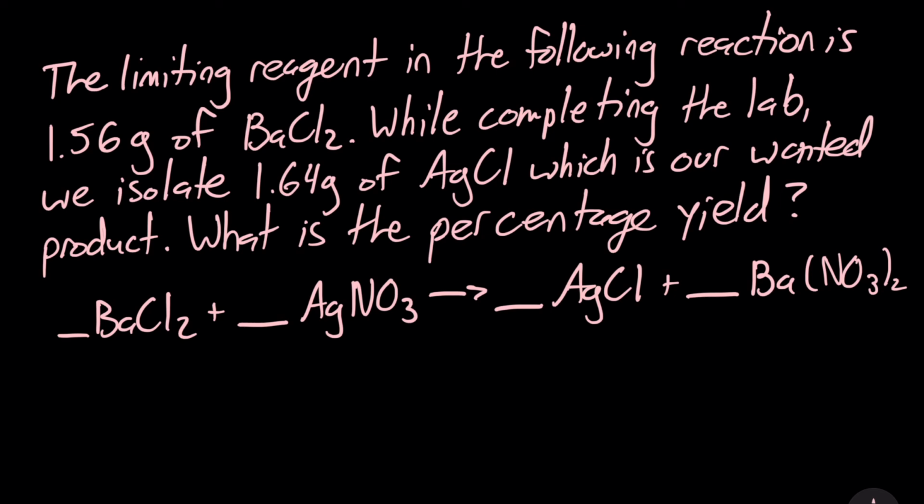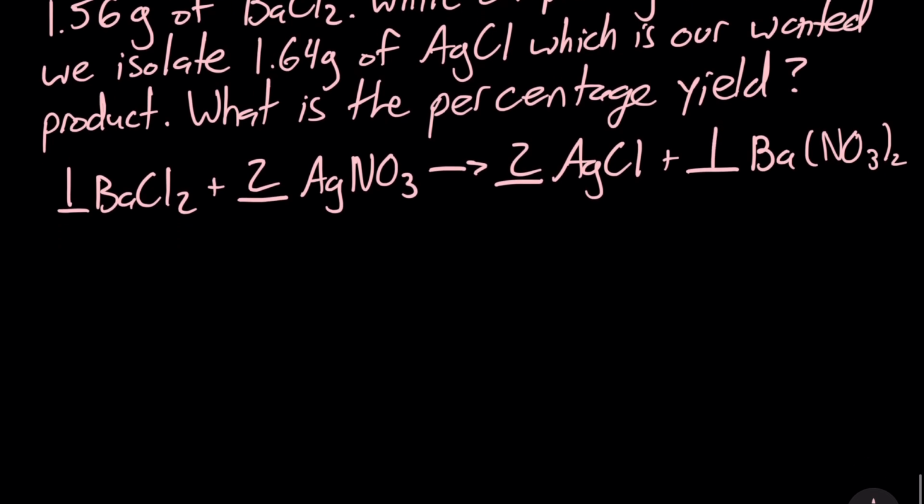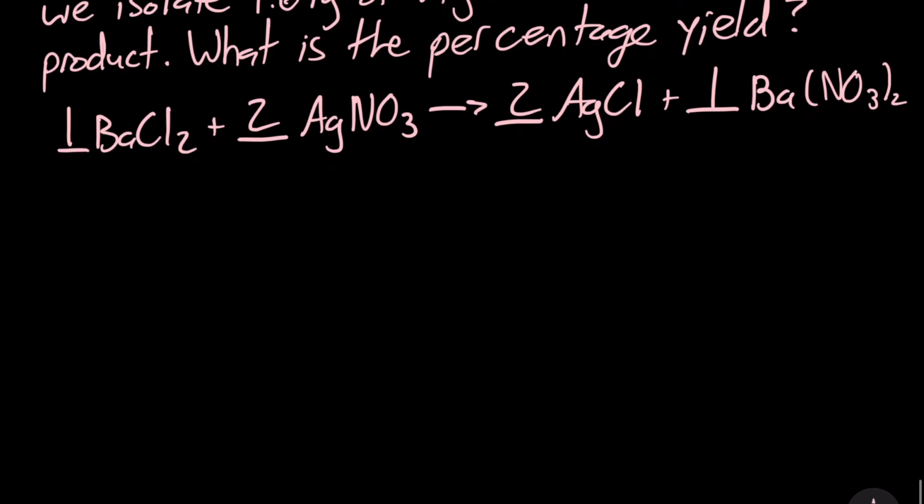So we have our formula. Let's just balance it quick. It should be a 1:2:1 ratio here. So we're all balanced, and we already know our LR from the question, which is really nice.